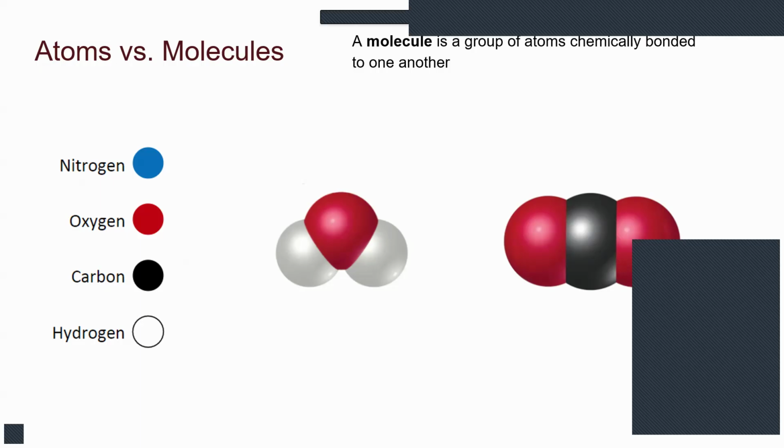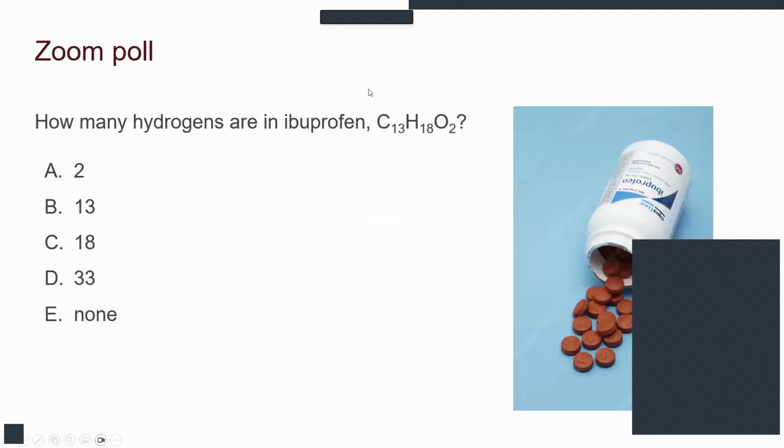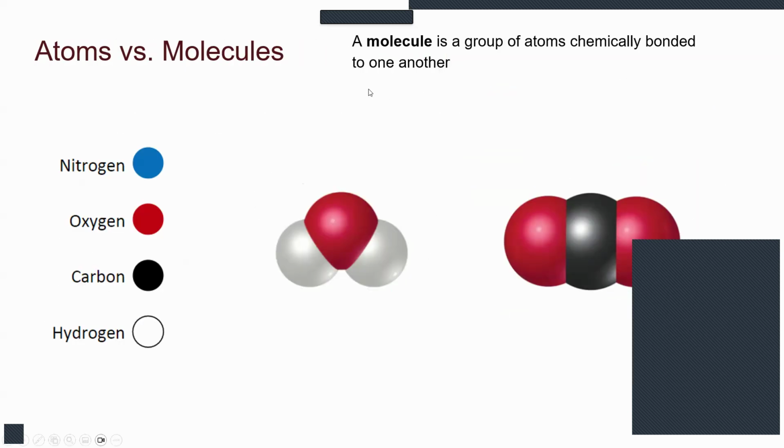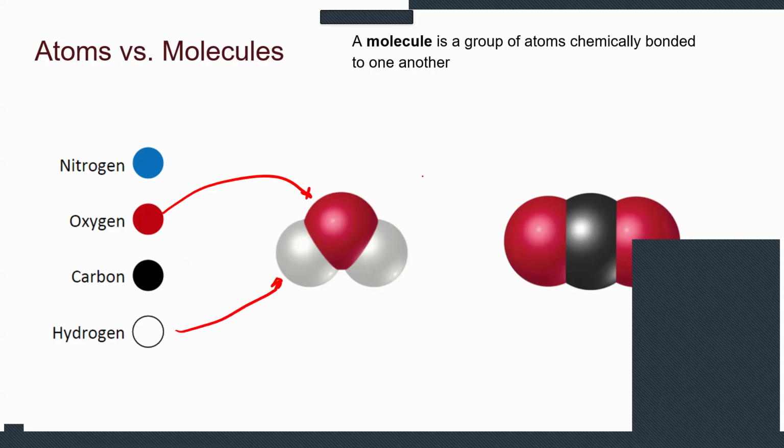Atoms versus molecules. This is an important distinction. A molecule is a group of atoms chemically bonded to one another. Here we've got a water molecule. We've got oxygen and hydrogen, and those bond together.